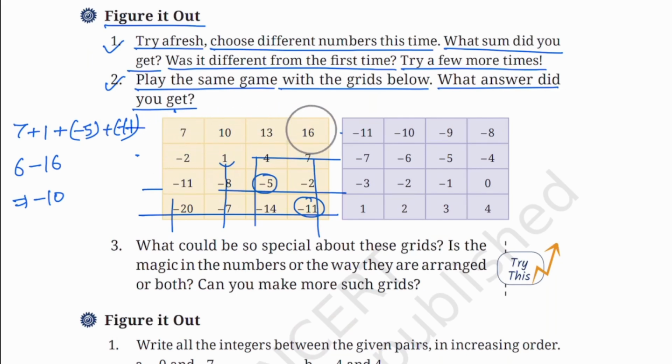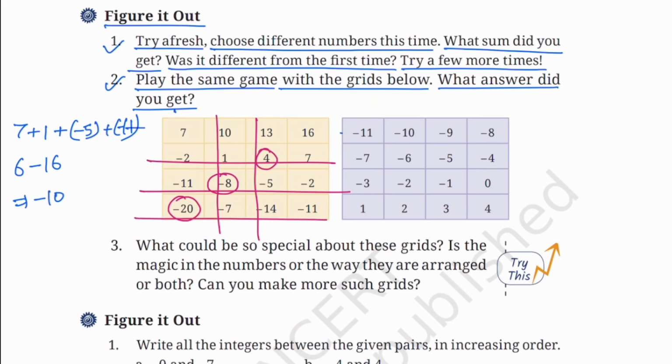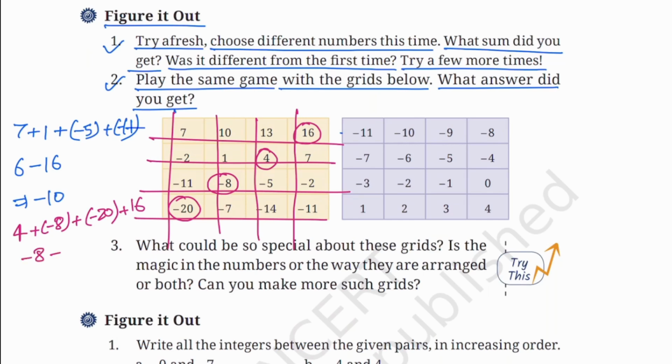Let's take another number as starting number. 4, -8, -20, and then 16. 4 plus -8 plus -20 plus 16. 4 plus 16 is equal to 20.